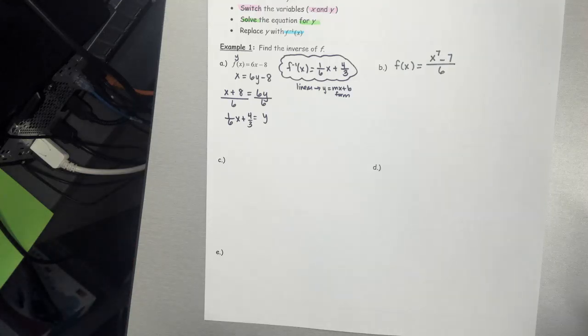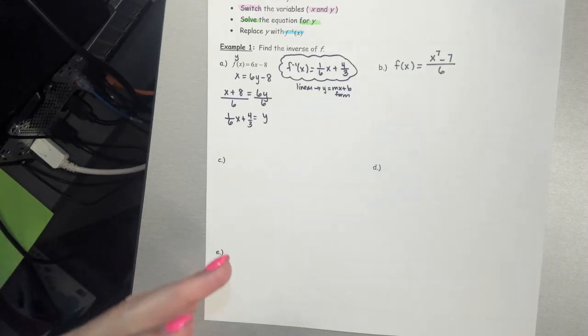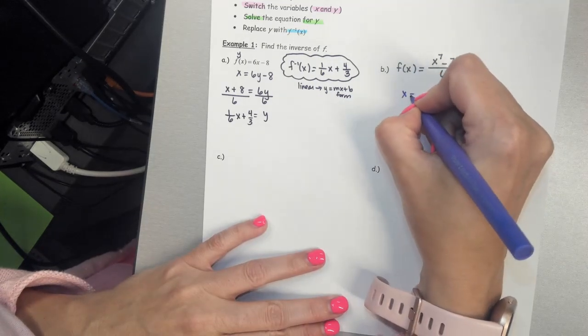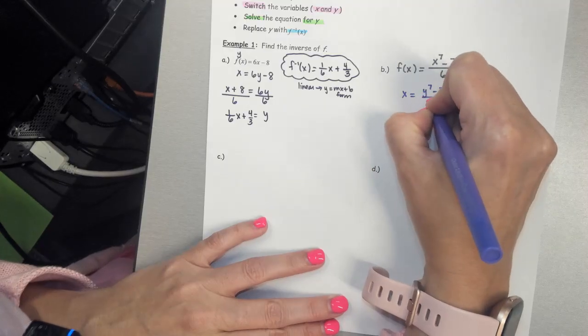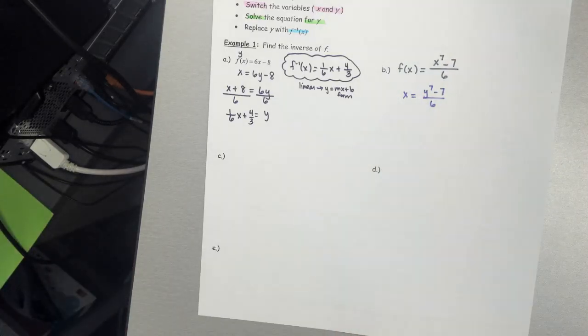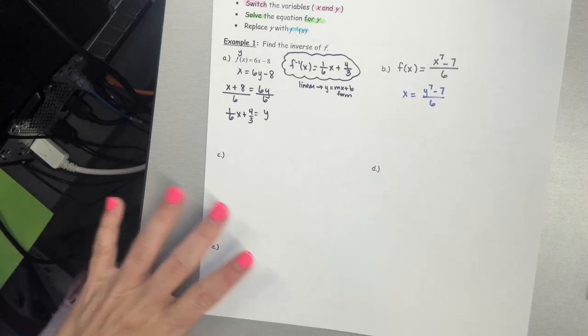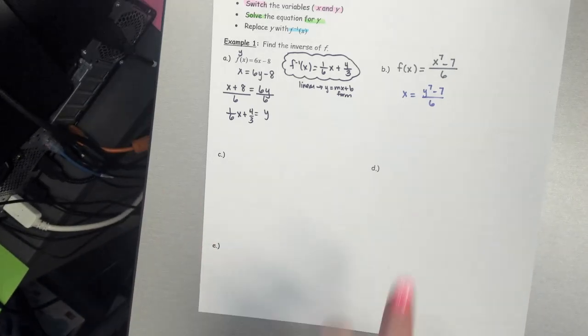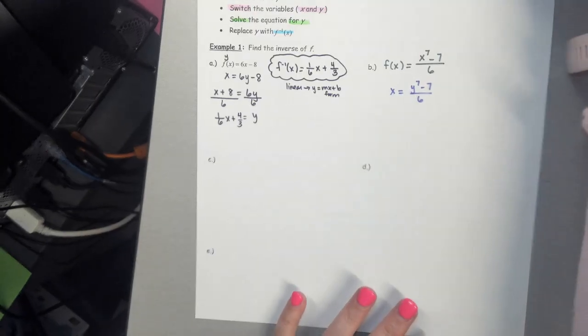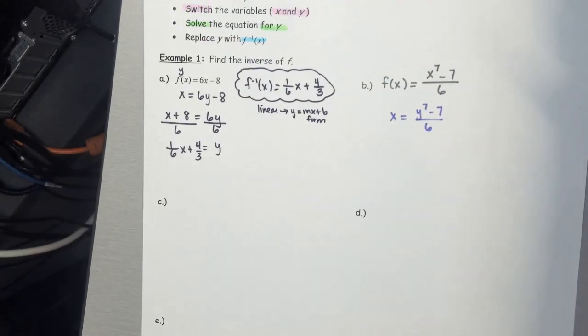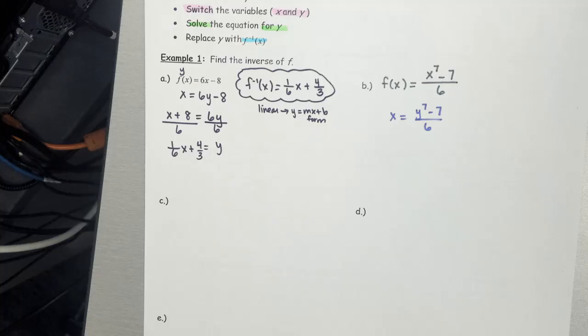It's okay if your first step is just rewriting this as x equals y to the 7th minus 7 over 6. But your work here is showing your algebra steps for solving. So we want to get y to the 7th by itself, so go ahead, you can write down what your next step is to solving.